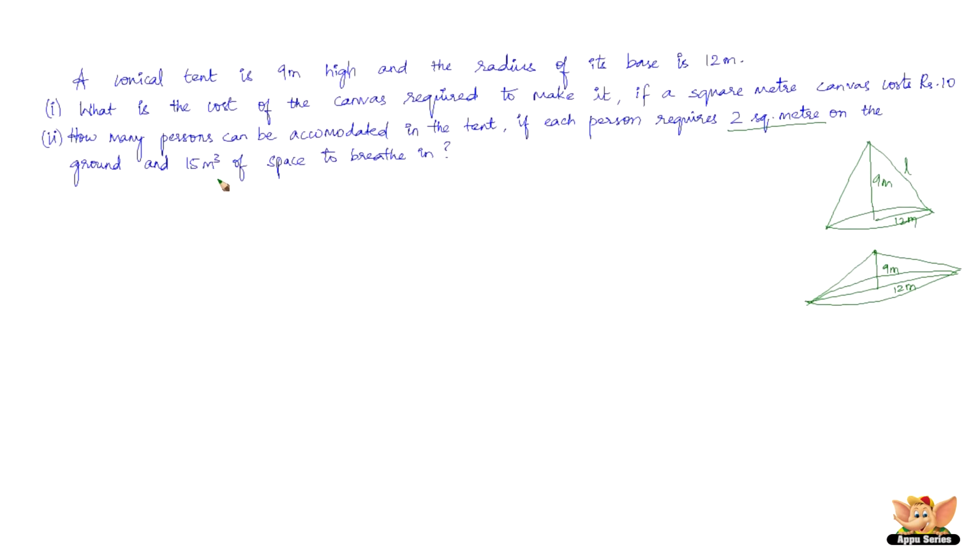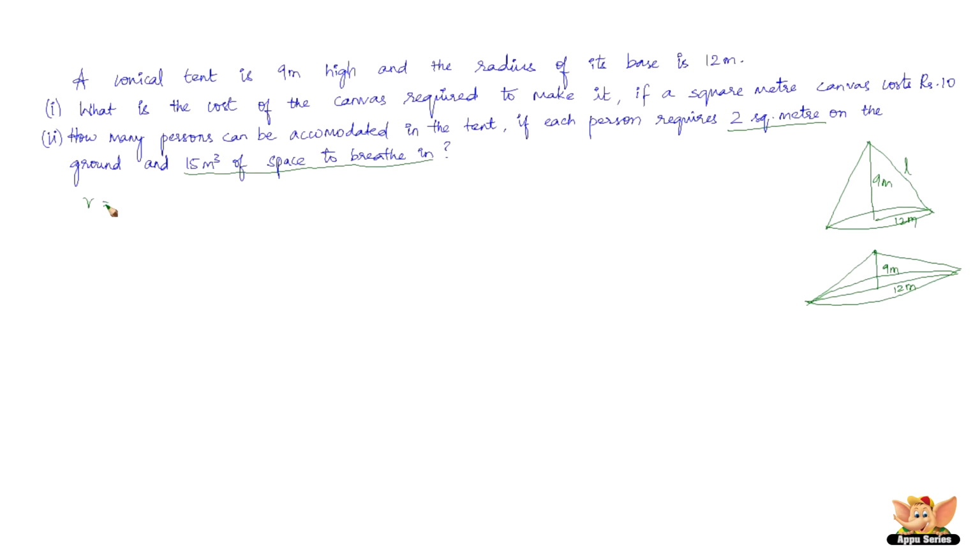And the second part of the second question deals with the volume, because one person requires 15 meter cube of space to breathe in. This is the volume of the tent. So we need to find the total volume of the tent and divide it by 15 meter cube to see how many persons can be accommodated. So this is the brief outline of the problem. Now let us go ahead and solve the problem.